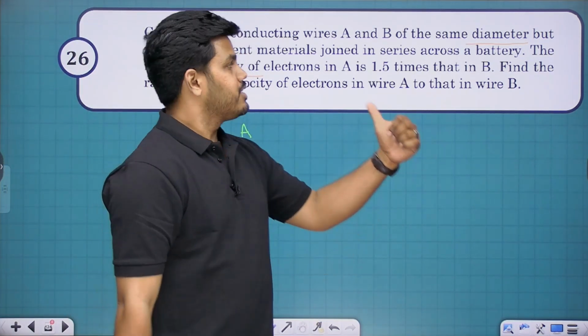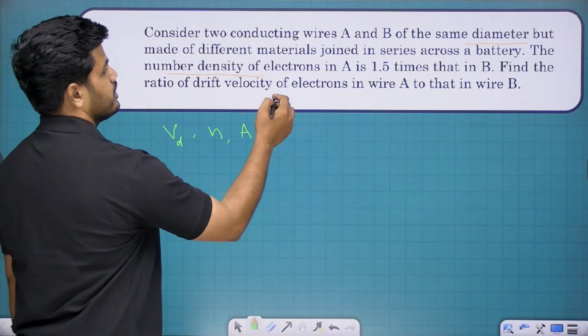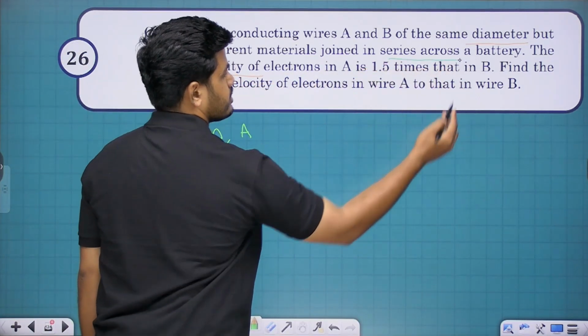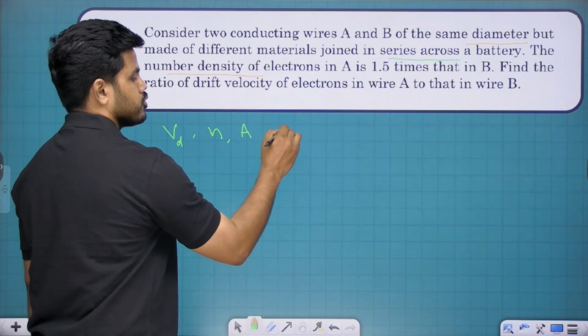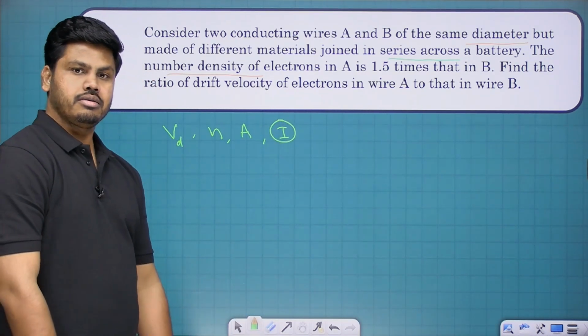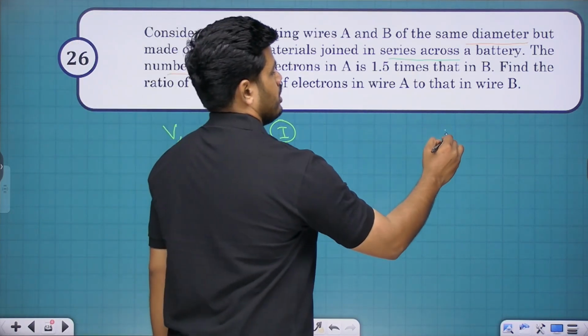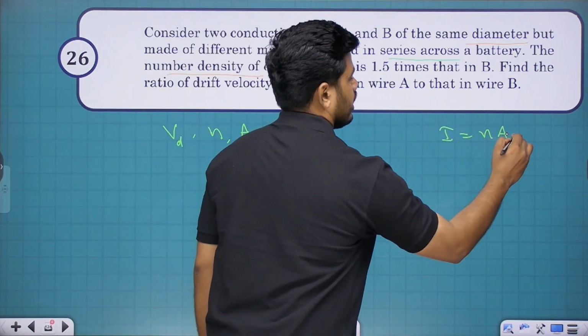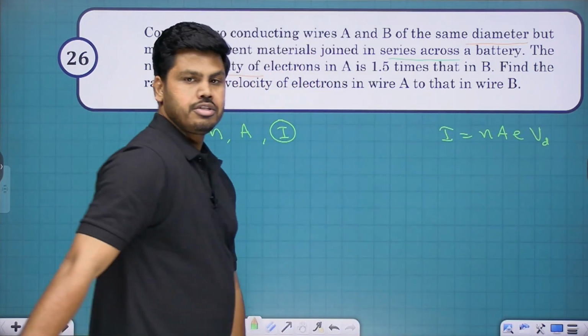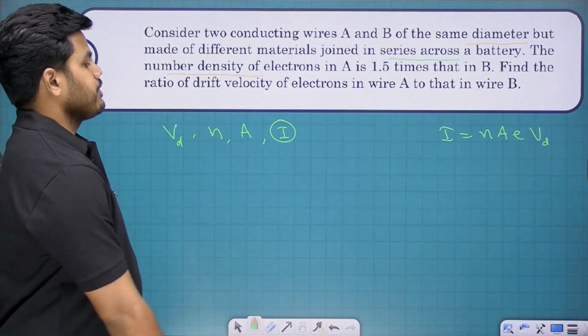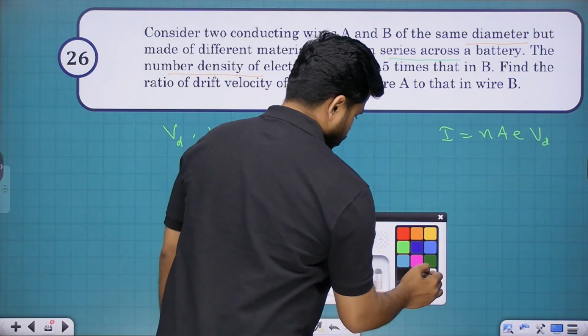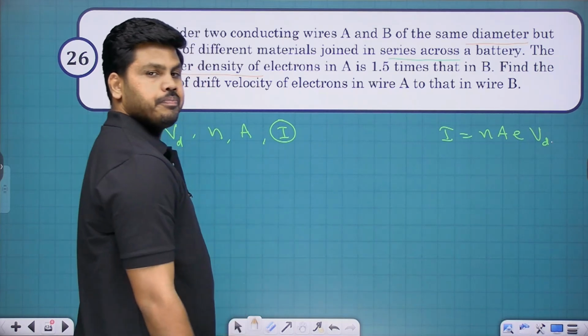So somehow can you relate drift velocity, number density, area of cross section? We know this equation, right? Since they are connected in series, that means same current also. A hint is given about same current. So drift velocity and current relation equation. What was the equation? I is equal to N A E into drift velocity V D. Here you're asked to find the drift velocity ratio.